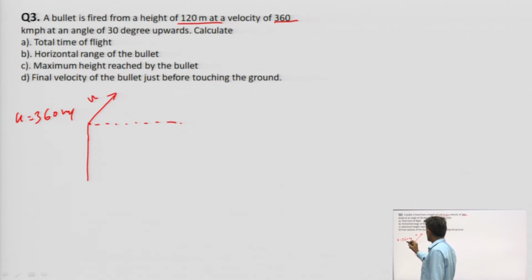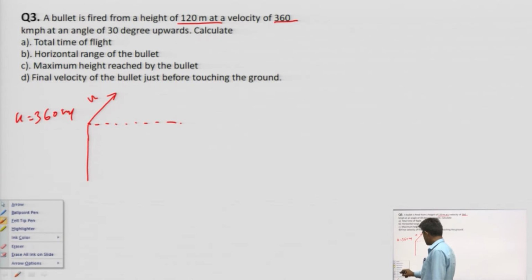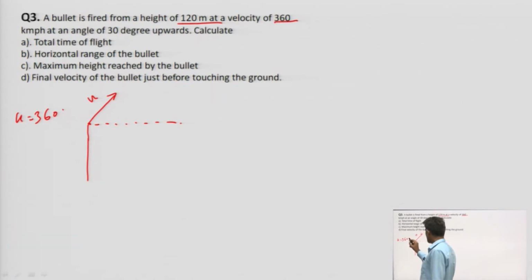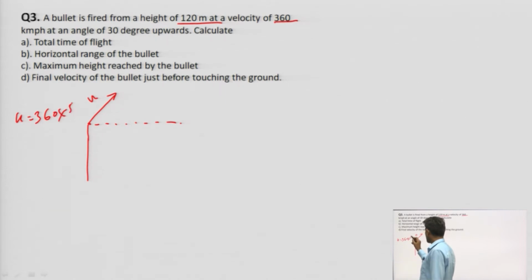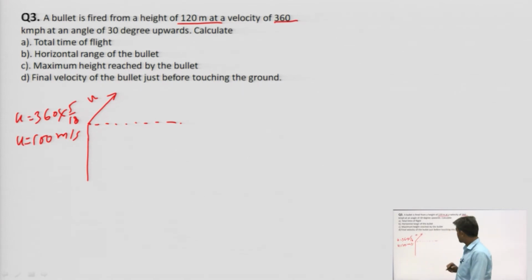So, it is 360 into 5 by 18, it comes to be 100 meter per second. Okay. So, the initial velocity is 100 meter per second.